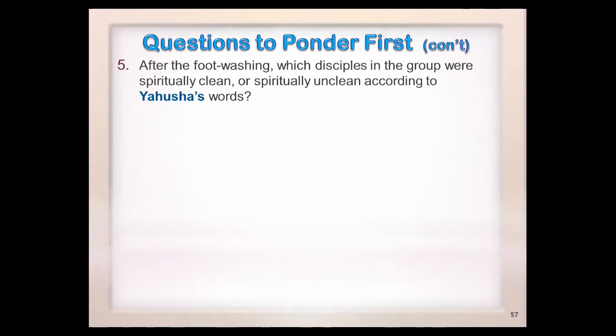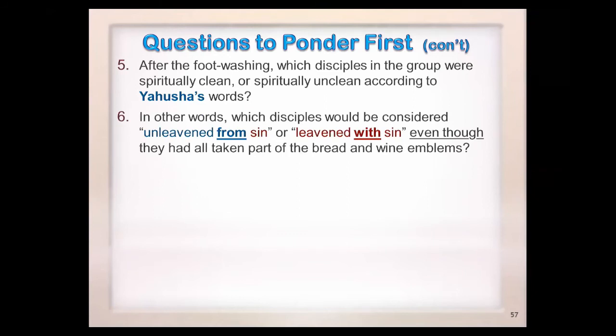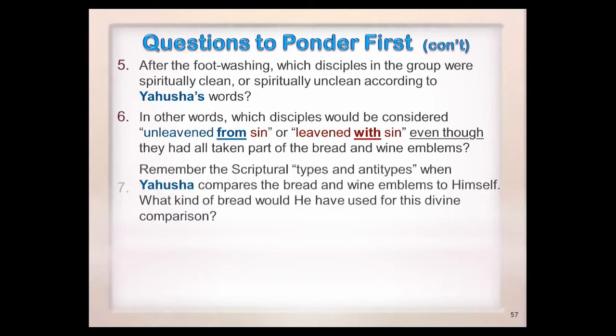After the foot washing, which disciples in the group were spiritually clean or spiritually unclean according to Yahusha's words? Number 6, in other words, which disciples would be considered unleavened from sin or leavened with sin, even though they had all taken part of the bread and the wine emblems?